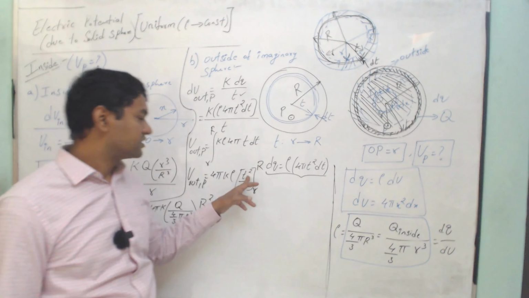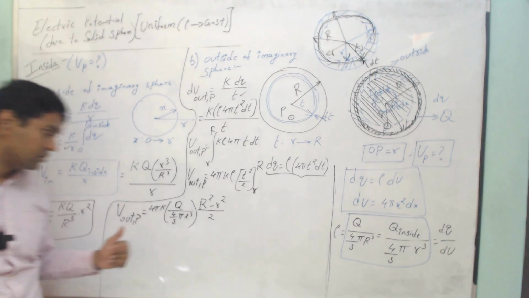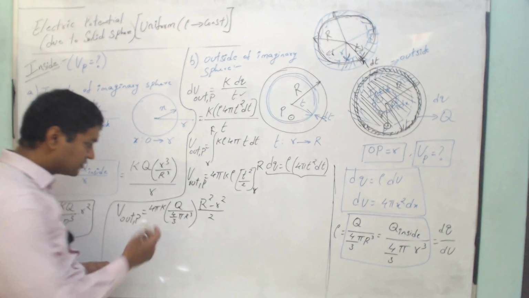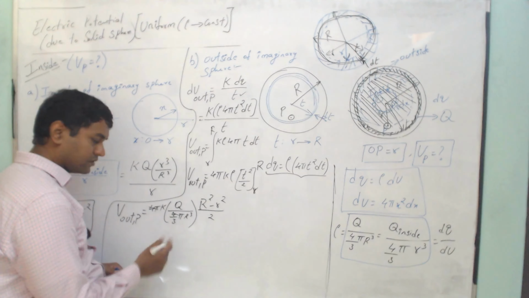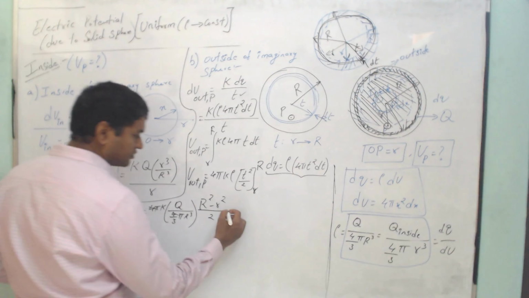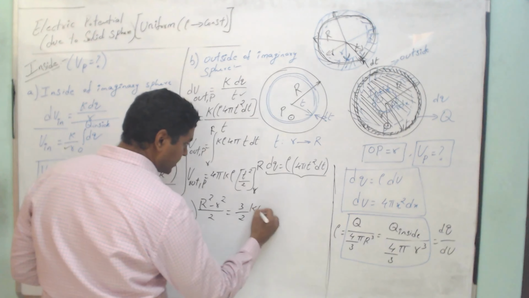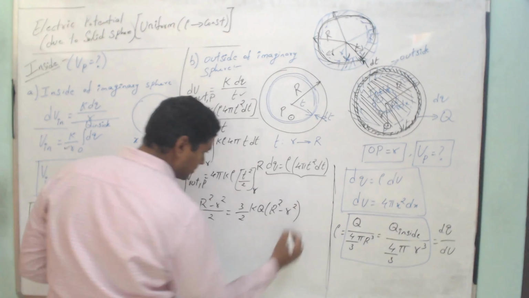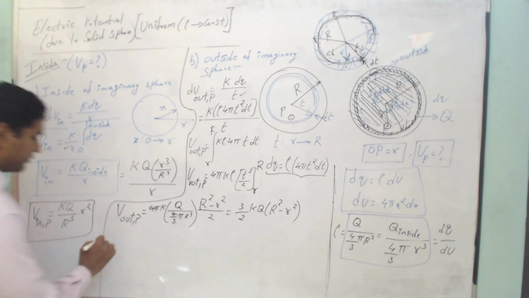I'll have capital R square minus small r square divided by 2. I can cancel these 4 pi over here. 3 will come up. So I'll have 3 by 2 k capital Q by r cube, times capital R square minus small r square.